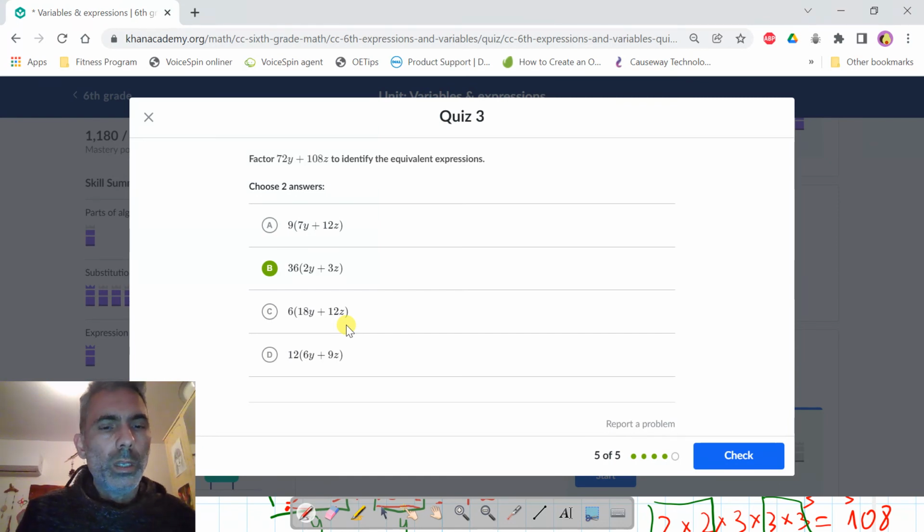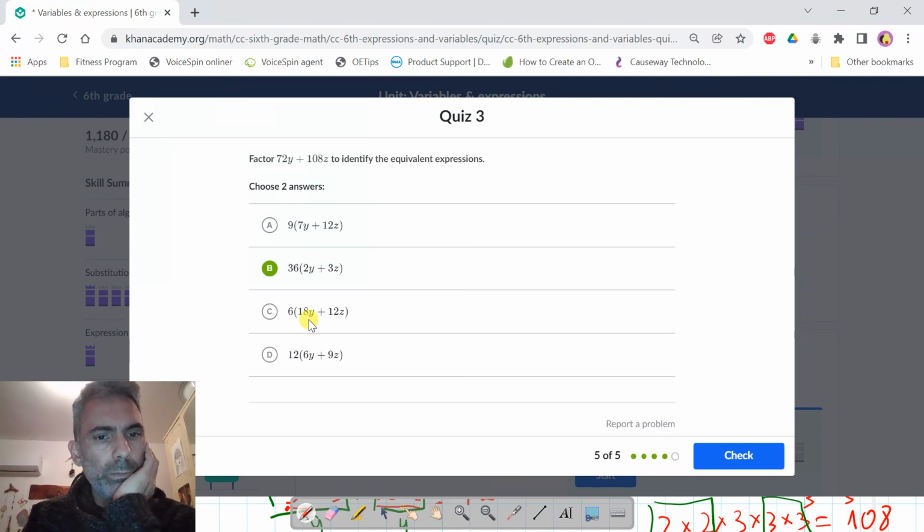Okay. So let us check the other options. 9 times 7y is not 72y, it's 63y. 9 times 7, 63, right? Yes, okay. 6 times 10 plus 6 times 8, 48.